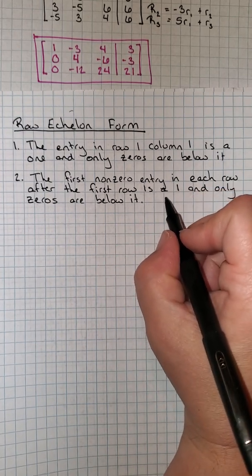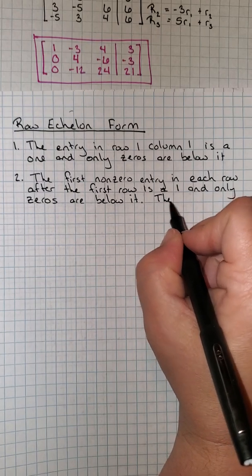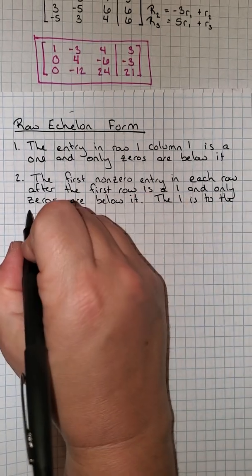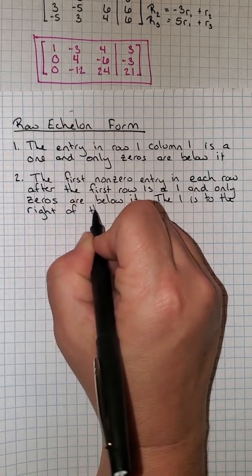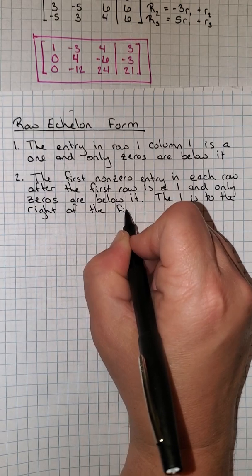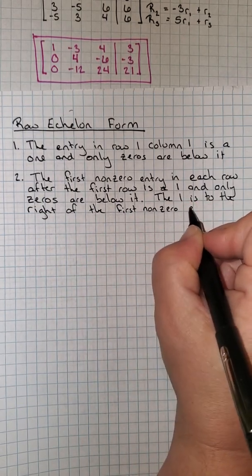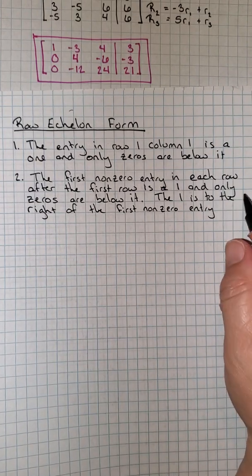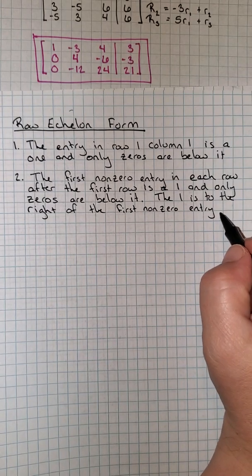The 1 is to the right of the first non-zero entry in any row above it.